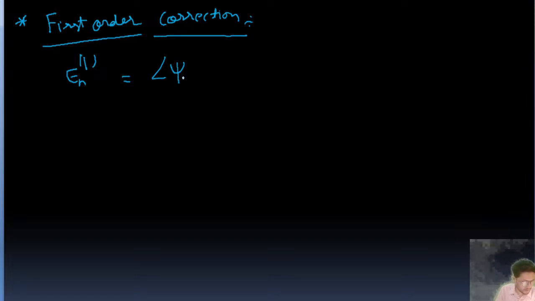It is the expectation value of psi n naught HP psi n naught, right? This we know, the first order correction.